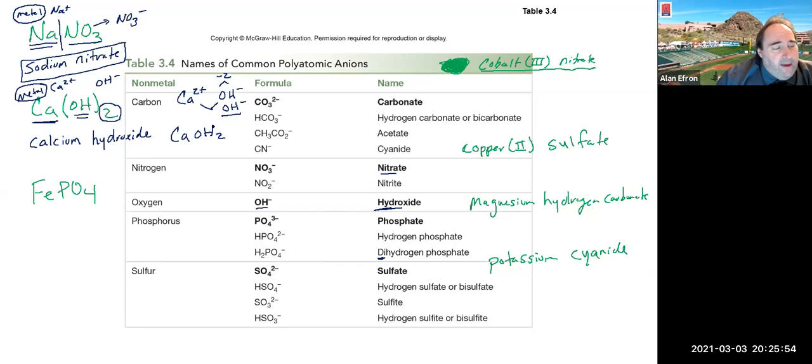So whenever you have more than one polyatomic ion present, you need to put parentheses around the polyatomic ion and the number on the bottom for how many you have. So whenever you have more than one, you need to put parentheses around that polyatomic ion and a little subscript to the bottom to indicate that, so you don't get a weird formula of something you're not intending to write. Question on that there.